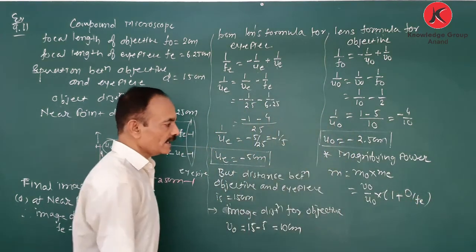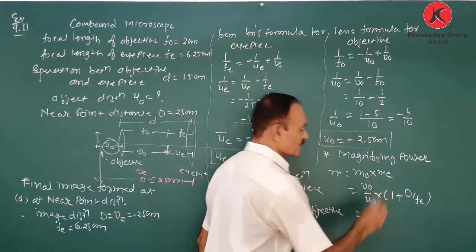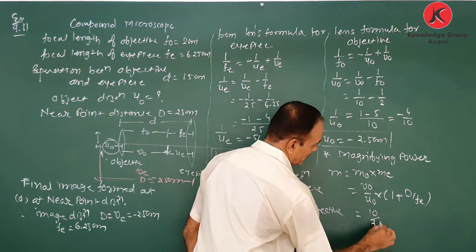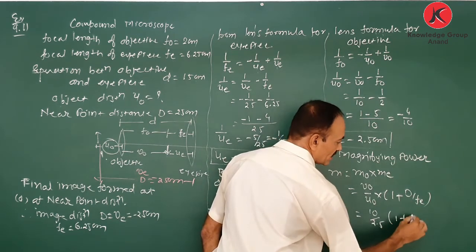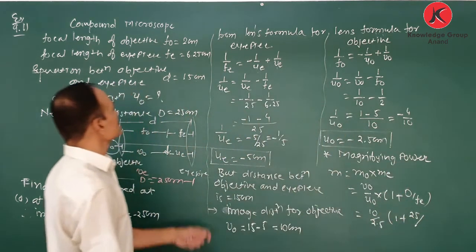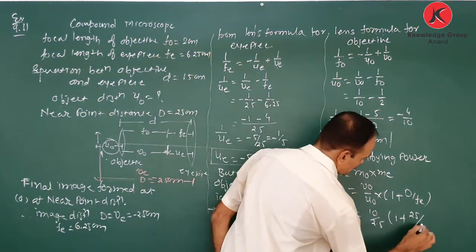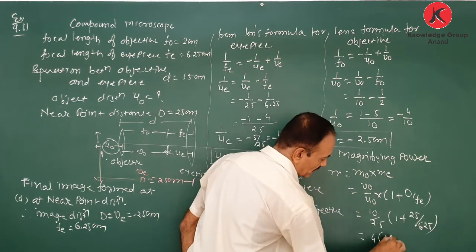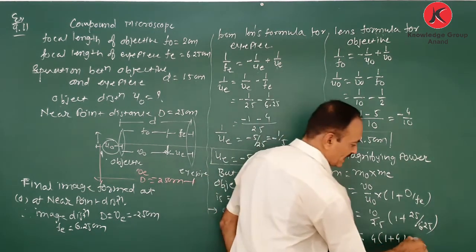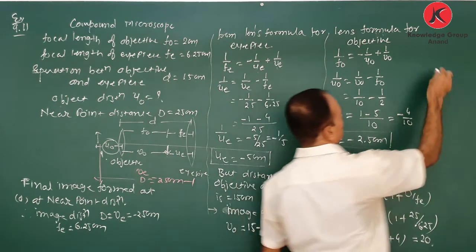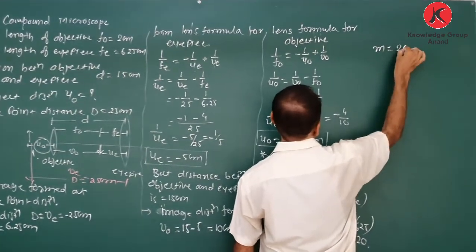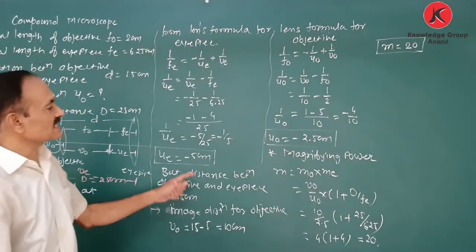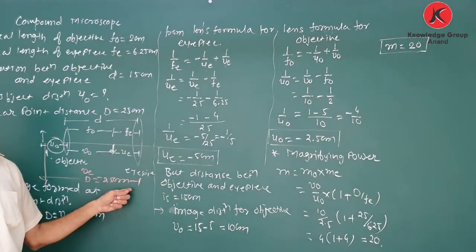Now, V0 is 10, U0 2.5. Now 1 plus D, 25, FE 6.25. Therefore, there is 4. Here 1 plus 4, therefore 20. Thus, the magnification M is equal to 20. So that is the first case when the image is formed at near point distance.